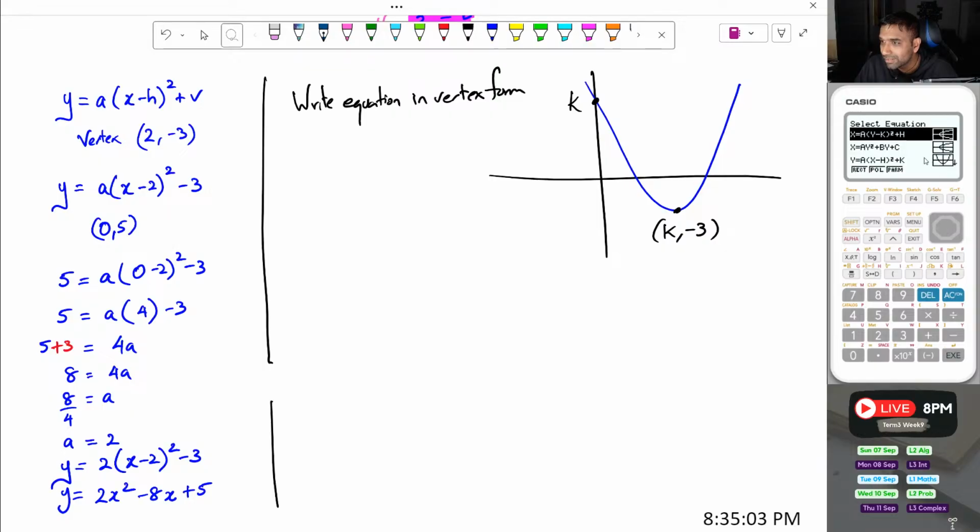If you click on it, there's your vertex form written right there. The only difference is I use a V instead of K. The calculator uses K. I thought you could do it in the calculator, but in the last exam, they said that you have to show working.